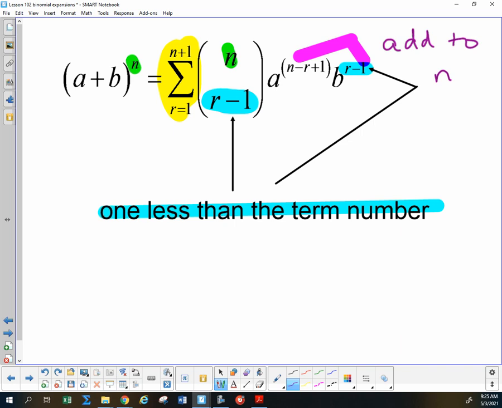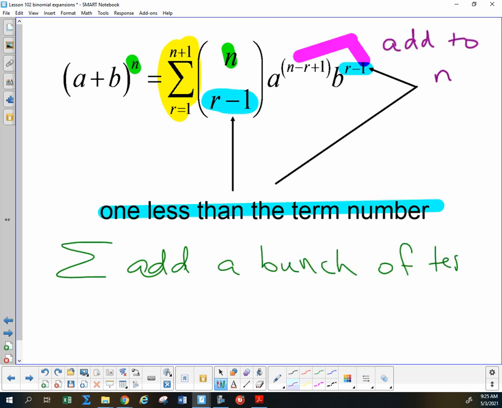Now this sigma notation that you see in there, that's the uppercase Greek letter sigma. That means to add a bunch of things. That means you start with whatever they have down the bottom.